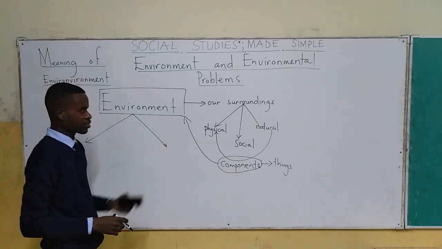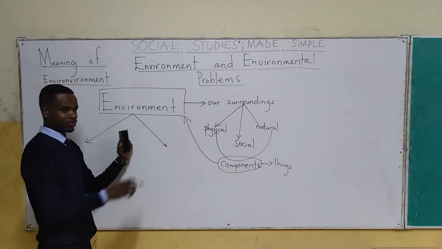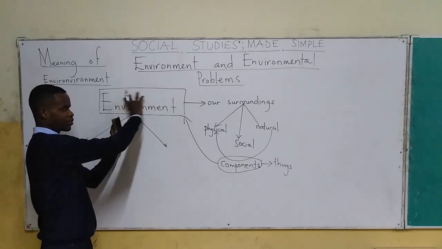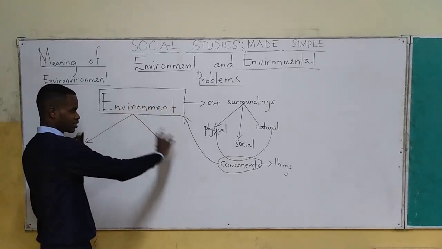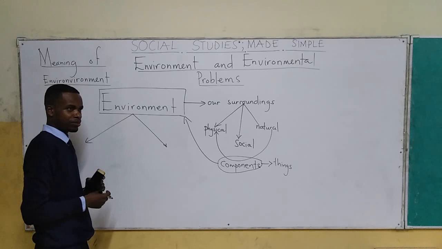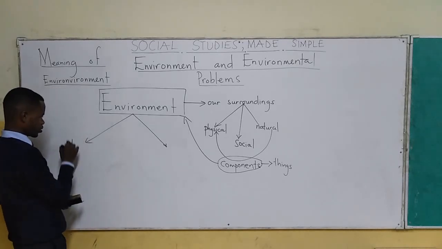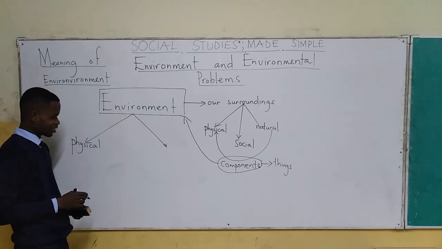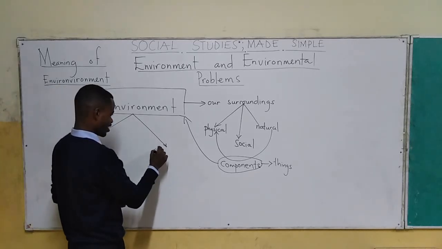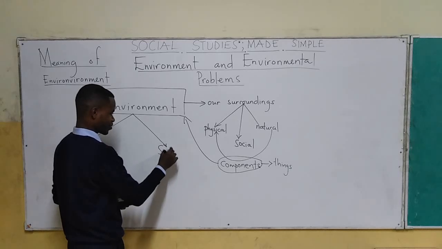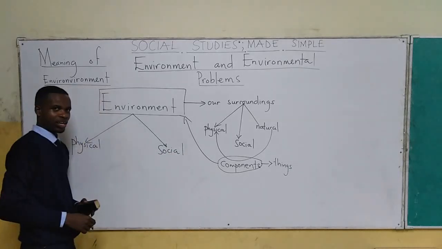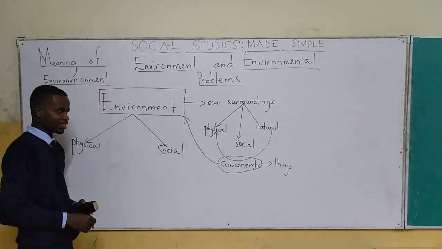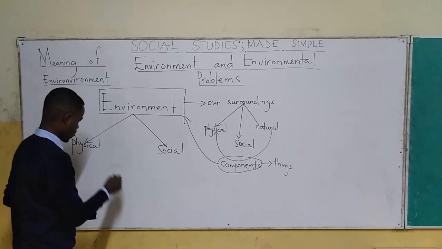From the name spider have a head, the key word is environment. Then I spread them into two. Physical, I hope you got it. And social environment. Why do I say so?